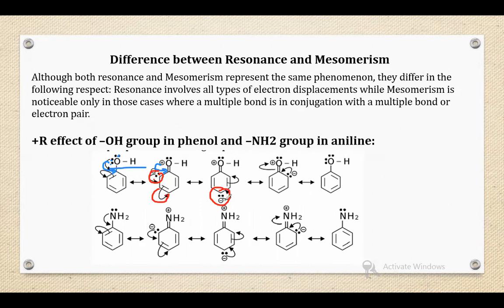Again it continues: this pair of electrons shifts, and the double bond moves again to the ortho position, which will have a negative charge. Then the electron pair shifts to the carbon-oxygen double bond, and again it returns to oxygen.